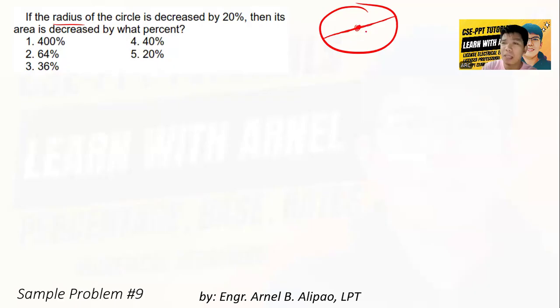Now, the chord that cuts across the circle is the diameter. And the diameter is composed of radii. We have here the radius, another radius here. Meaning to say the radius is from the center to any point on the circle.